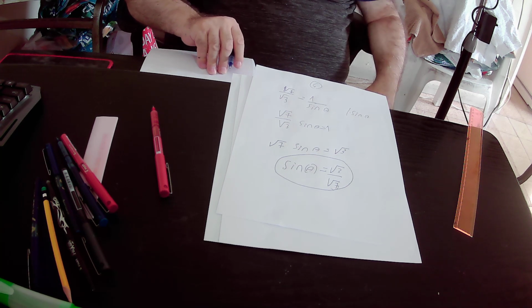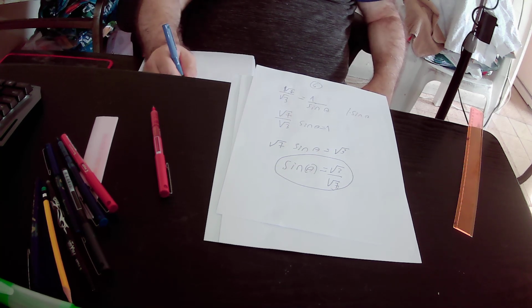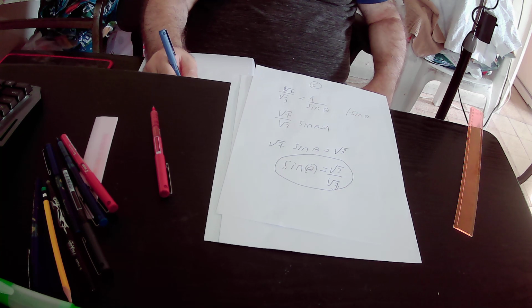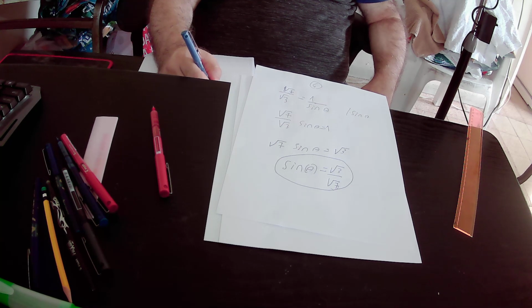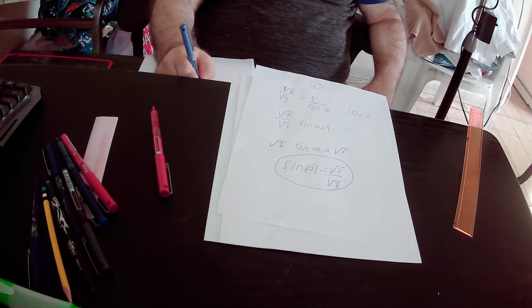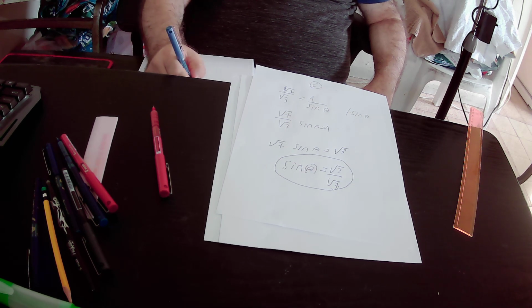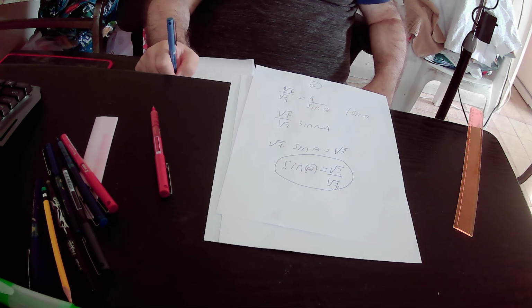The trigonometric identity is sinus theta squared plus cosinus theta squared equals 1.